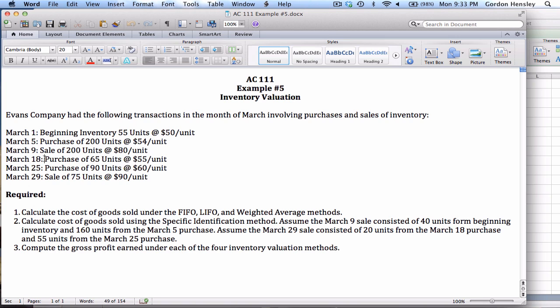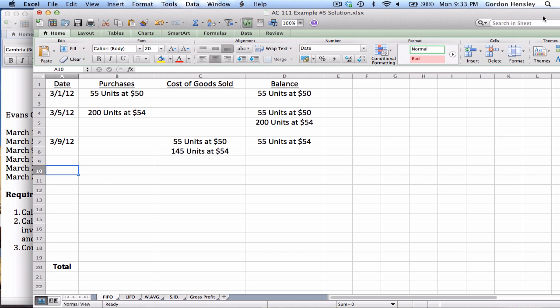Then I get down here to the 18th. Another purchase, this time 65 units at $55 per unit. So this is on the 18th. This is a purchase, 65 units at $55 per unit.